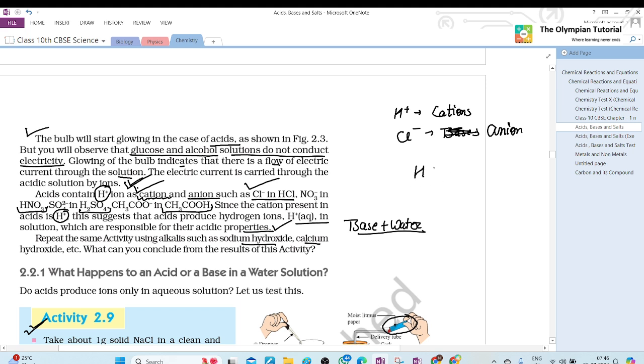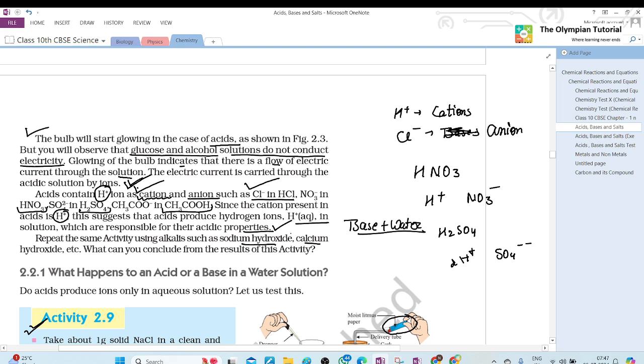In HNO3, the cation is H plus and the anion is NO3 minus. Same thing in H2SO4: the cation is 2H plus, and the anion is SO4. So ions are present, that's why conduction of electricity takes place.